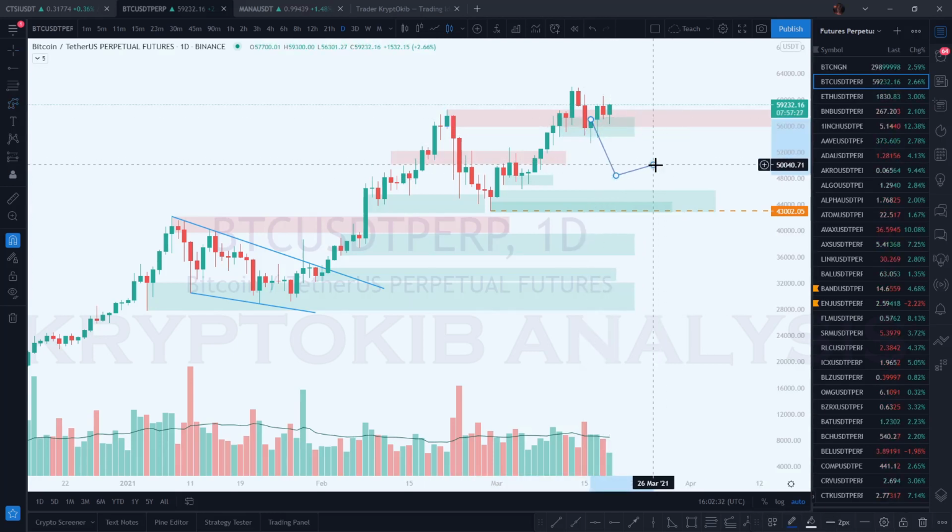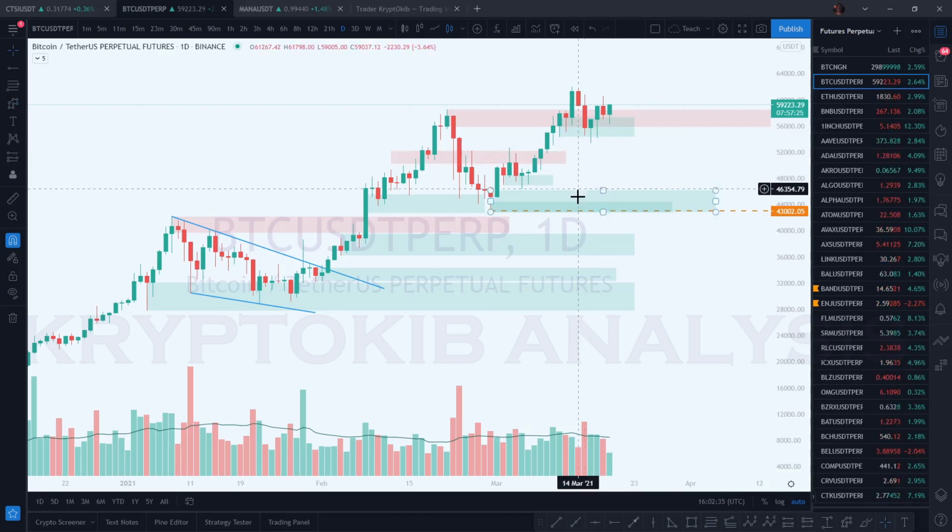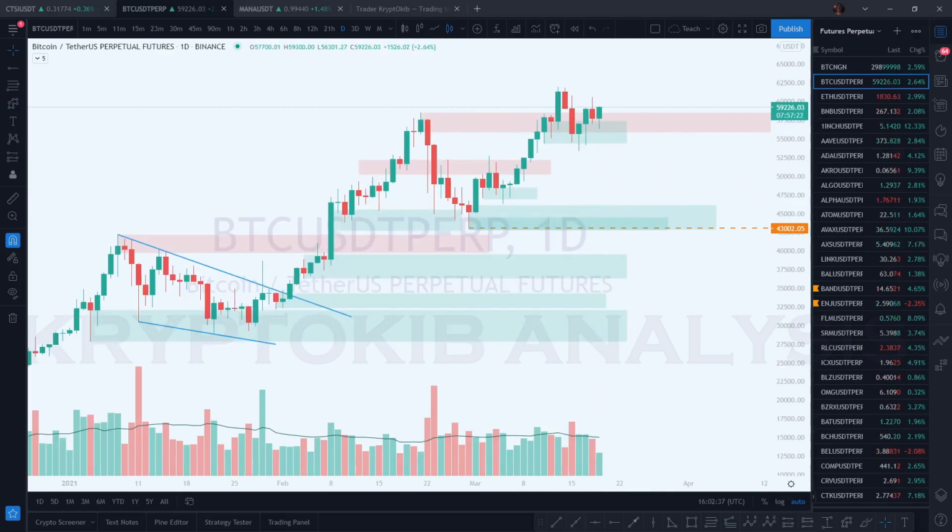Here we have the first hammer. I hope you can see that clearly. This green is the first hammer, and as the movement was downward, the hammer formed, and now we are trying to see a green movement.